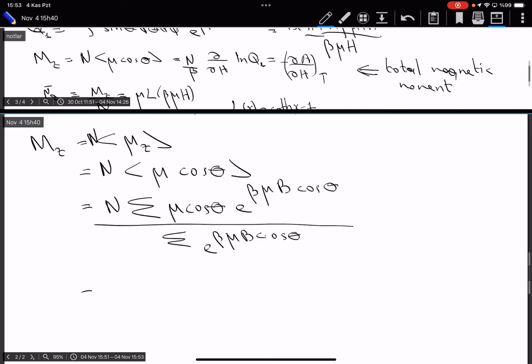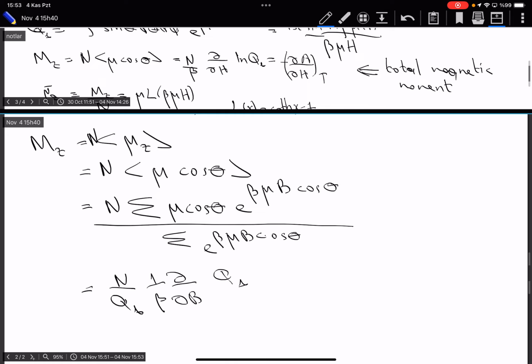Well, the denominator is already Q1. Well, the numerator, we can write it as the derivative with respect to B. But we need to also divide by beta Q1.